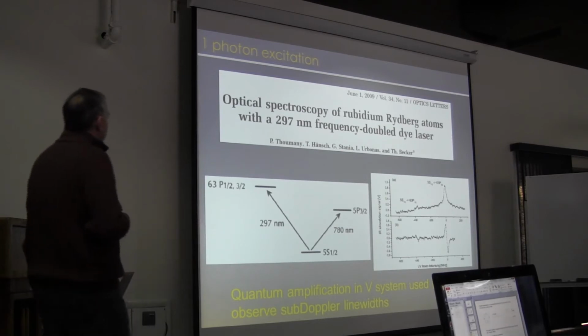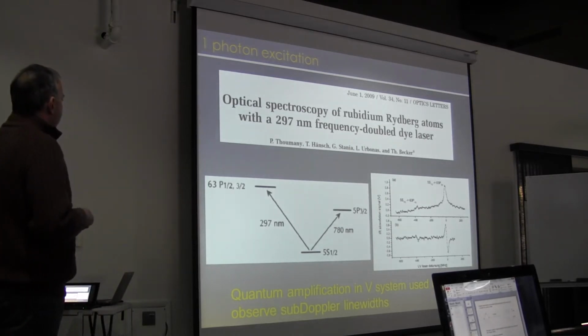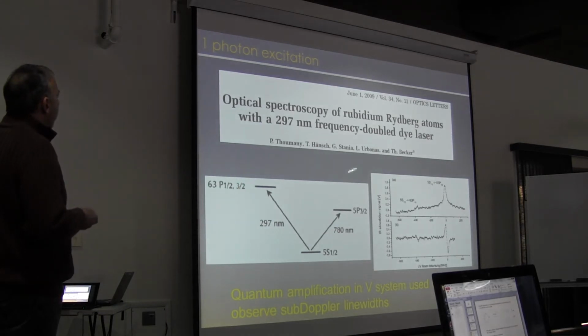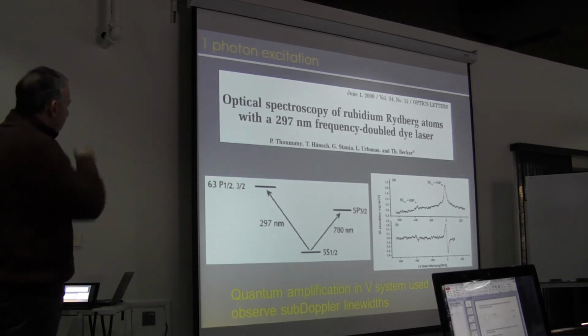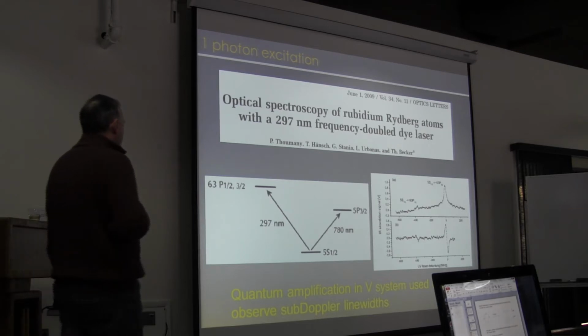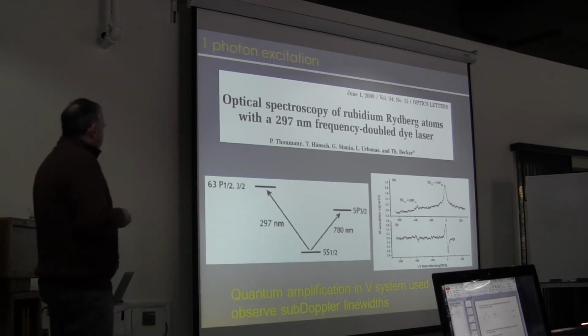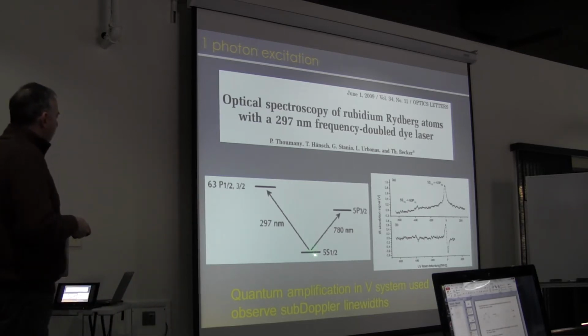Nonetheless, here's an example of one-photon excitation of a rubidium 63p state from the Hensch group. They used a quantum amplification effect in the B system. The idea here is you drive the atom simultaneously from 5s to 63p, but also on the strong first resonance line to the 5p 3/2 state, because the lifetime of the Rydberg level is much longer than the lifetime of the 5p state.